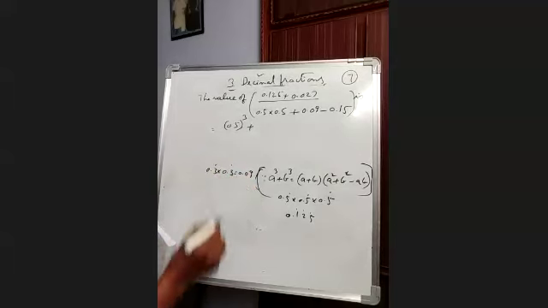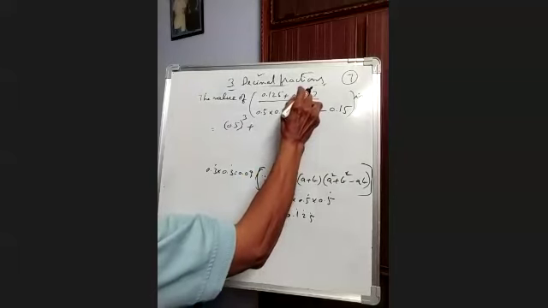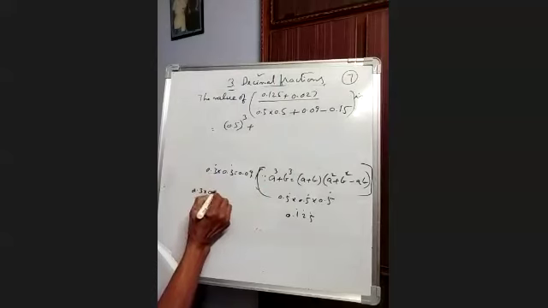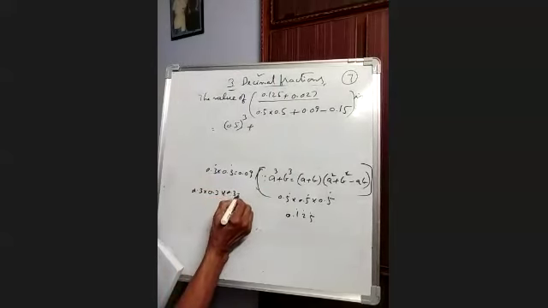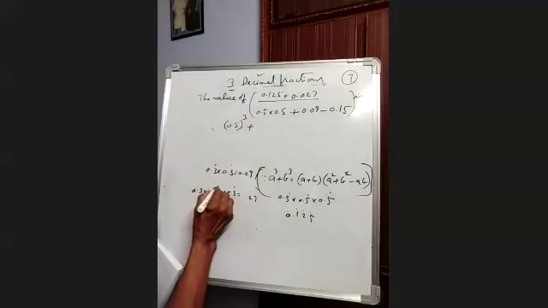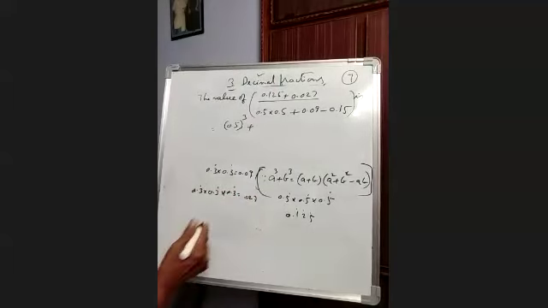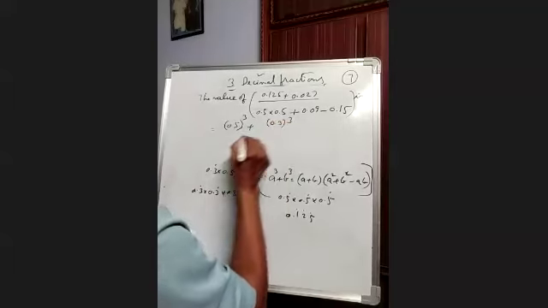So imagine this as 0.3 whole square. So this will be 0.3 whole cube. 0.3 into 0.3 into 0.3 is equal to 3 into 3, 9, 9 into 3, 27, 3 places, 0.027. So 0.3 whole cube.